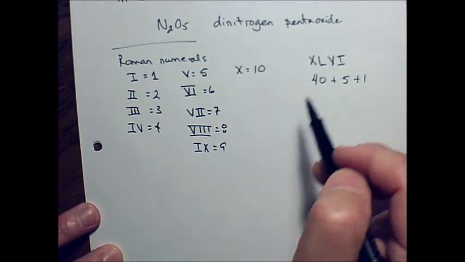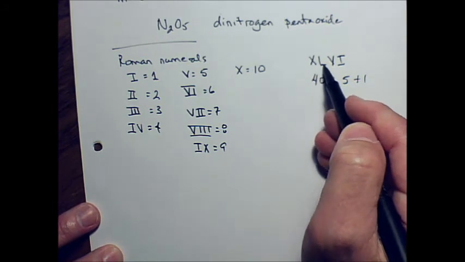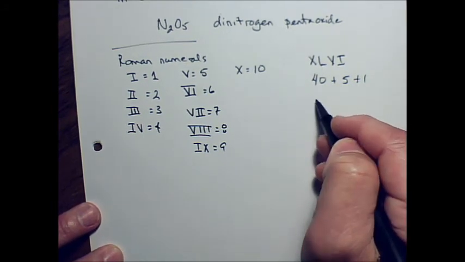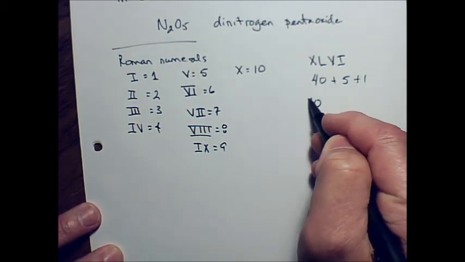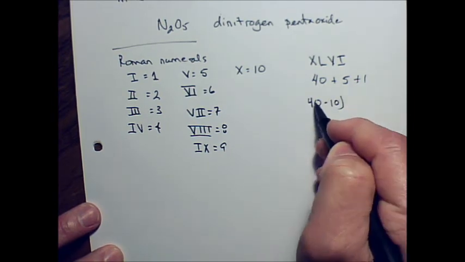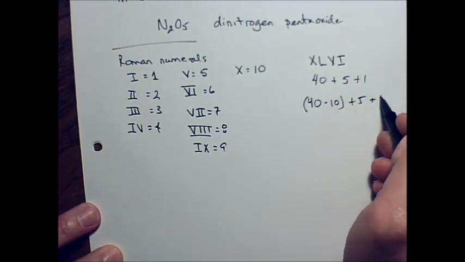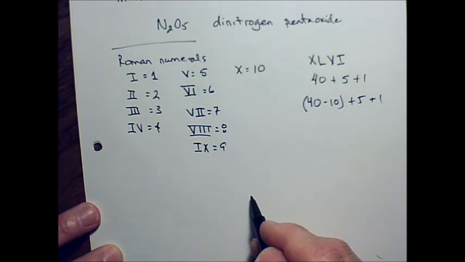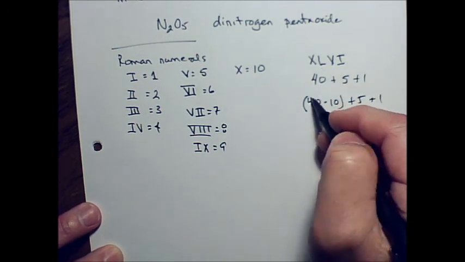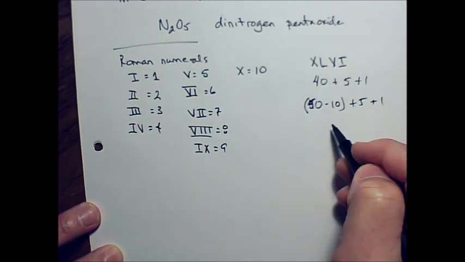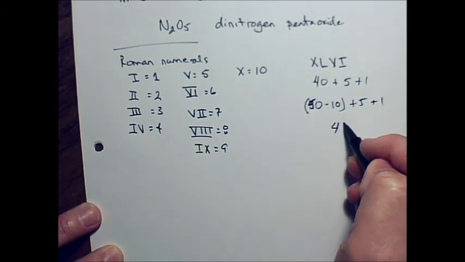Smaller number symbols to the right get added. So this is subtracted from that. So we could say 40 minus 10 here if we wanted to, plus 5 plus 1. L is 50, which makes a 40. So that's 45, 46, isn't it?